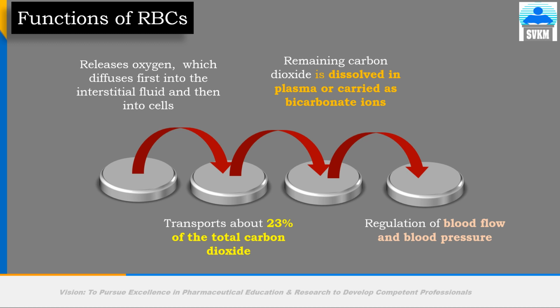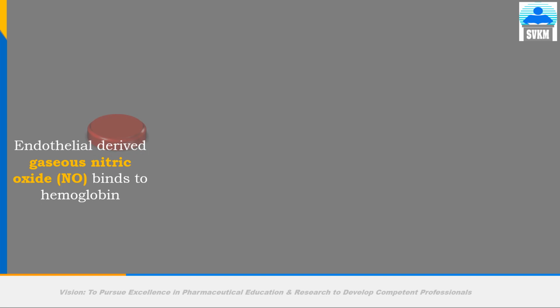The hemoglobin also plays a crucial role in the regulation of the blood flow and blood pressure. The gaseous hormone nitric oxide, that is NO, produced by the endothelial cells that line the blood vessels, binds to the hemoglobin. Under some circumstances, hemoglobin releases nitric oxide.